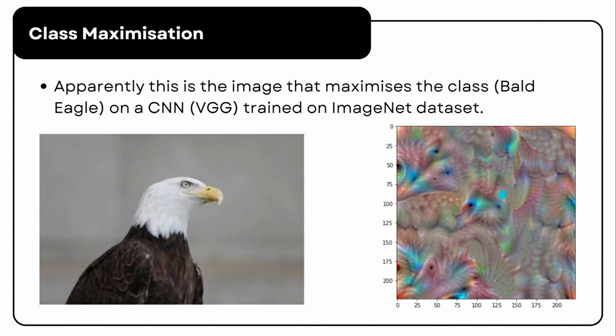These are the key features the network has learned to associate with a bald eagle. It's not how our human brains would recognize a bald eagle. We expect a full, coherent image like the one on the left. But for the CNN, these disjointed patterns are enough to scream bald eagle with high confidence because it is focusing on the specific visual features it's been trained to detect.